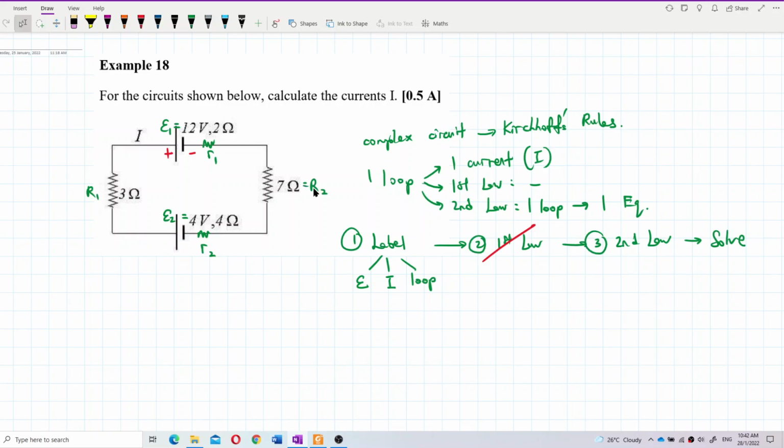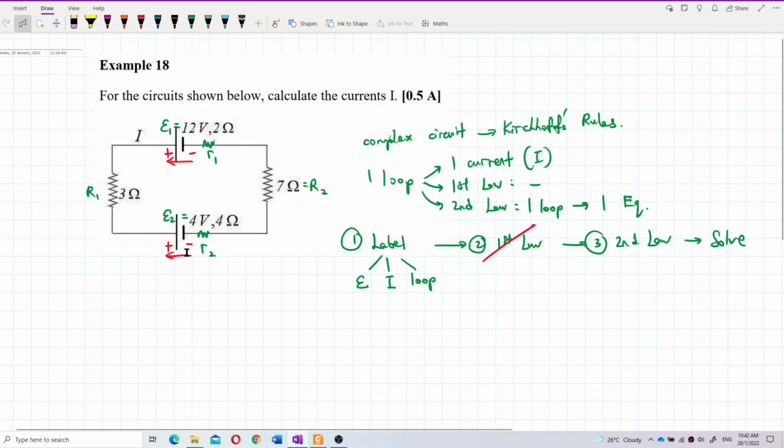Now label the EMF direction. EMF is always from negative to positive, and for E2, also from negative to positive. This is the direction for E1, and this is the direction for E2.